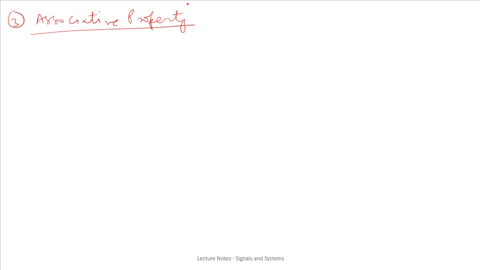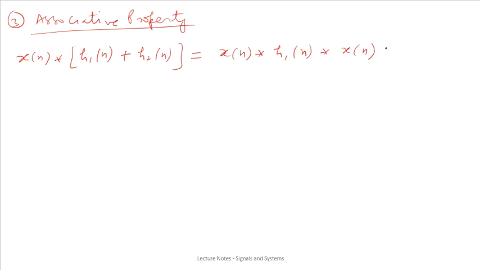According to this associative property, we can write xn convolution h1n plus h2n, which is in convolution with this xn, equals h1n convolution xn and h2n.